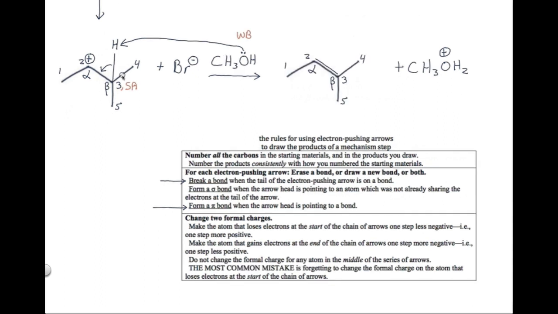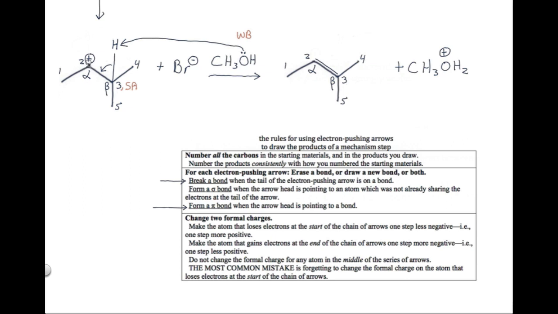I suppose that we already assumed I was breaking the bond between the hydrogen and carbon 3 when I moved the hydrogen to this position, and here I've shown that we've drawn the new pi bond between carbon 2 and carbon 3. So we used these two rules. This arrow tells us to break a bond because the tail of the arrow is on a bond. And this arrow tells us to form a new pi bond because the head of the arrow is pointing to a bond.